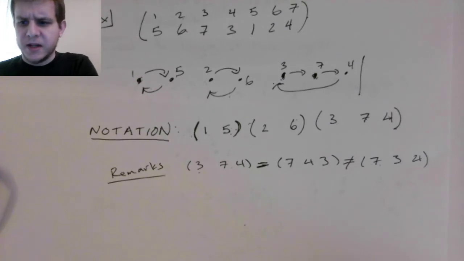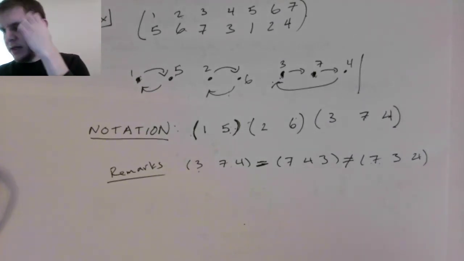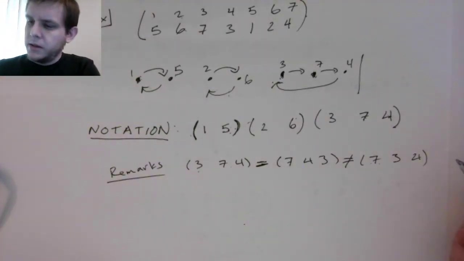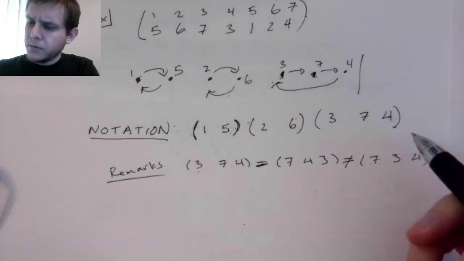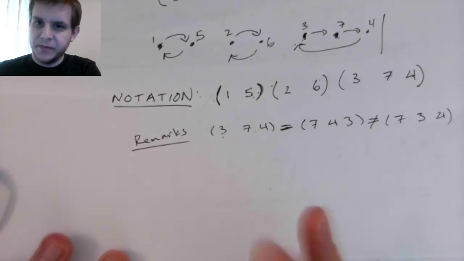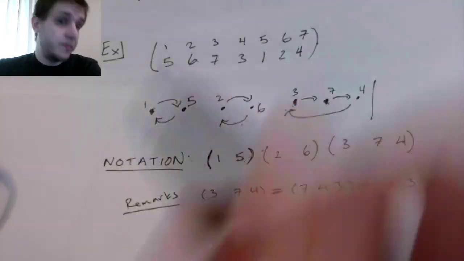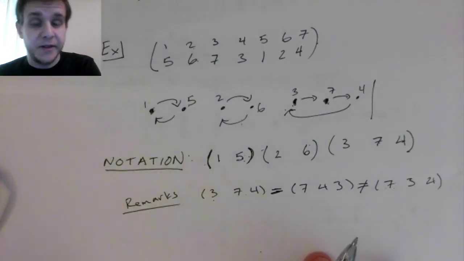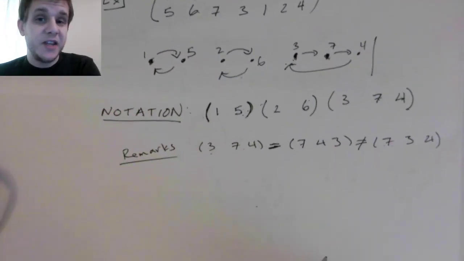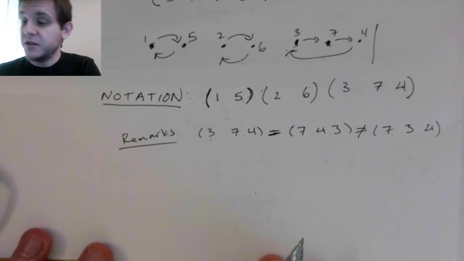What are some other things that I wanted to say about cycles today? Composing them, right? So the benefit of this notation, and even previously the notation I drew with the arrows, is that it's easier to see what happens with compositions.